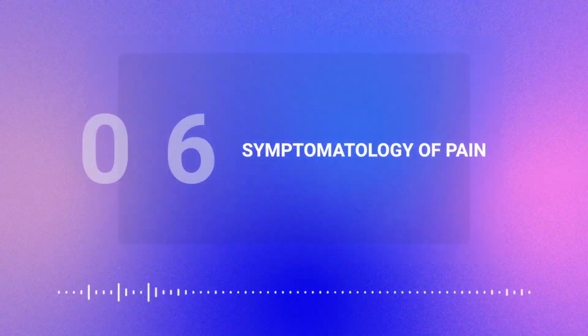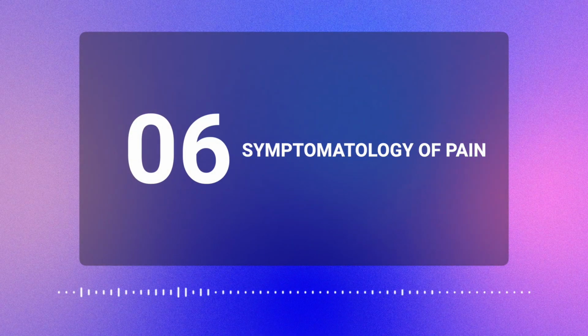The other thing that I did come across in terms of blood vessel related symptoms was actually in my inquiry of how different pain is experienced, what clinicians would term symptomatology of pain.